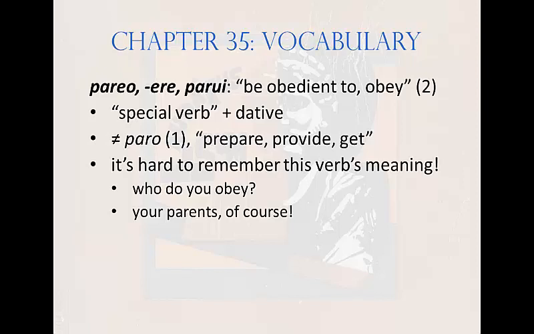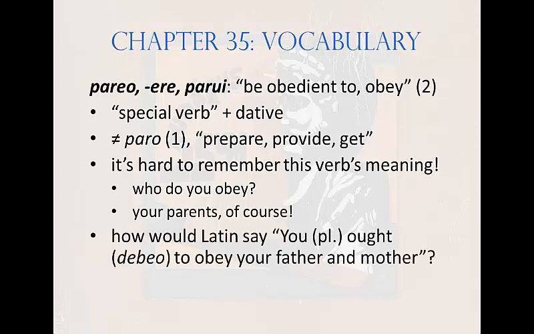Our word parent comes from a different Latin verb, pario, parere, meaning give birth. But if this memory hook works, who cares? All it has to do is help you remember what pareo means. So how would Latin say, you plural ought, use debeo, to obey your father and mother?